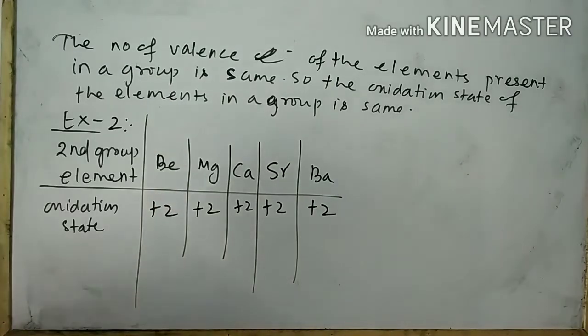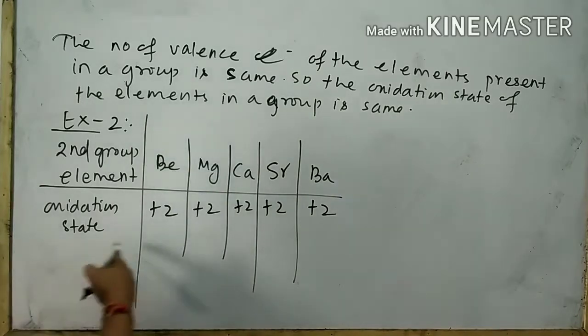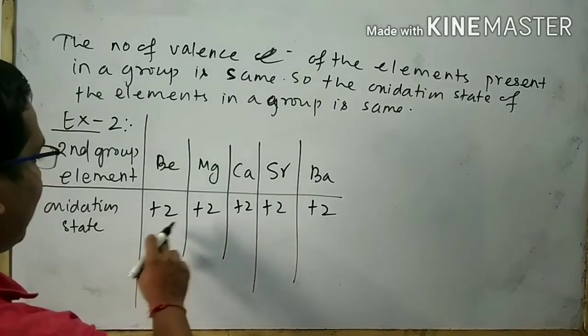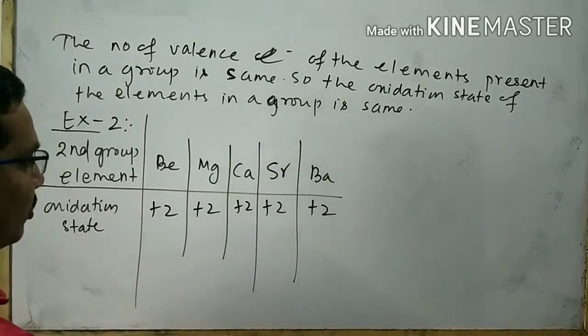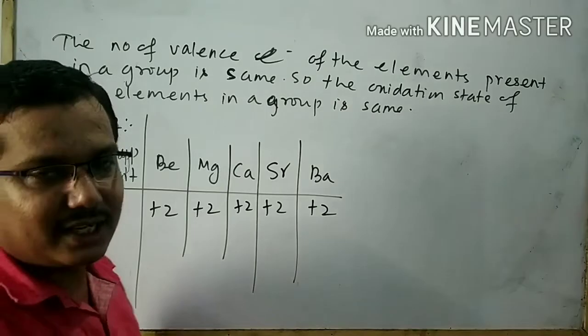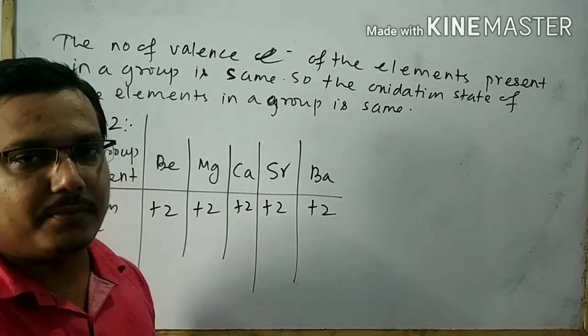The oxidation number of the elements present in the second group is +2. All the elements have an equal oxidation state, that is +2. This is all about the oxidation state and its variation in period and group.